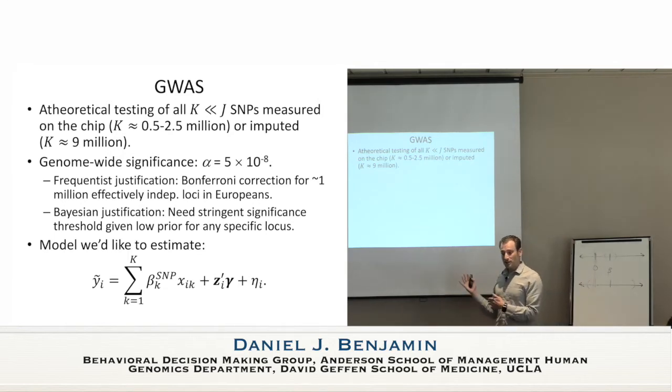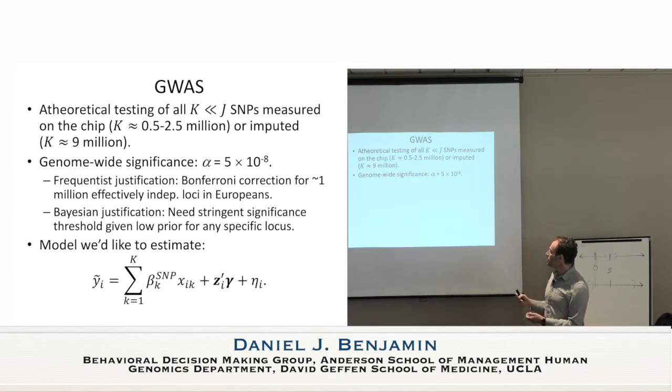Okay, so in the social science genomics area, it's a similar motivation of why atheoretical testing might be attractive. We really just never had good hypotheses for where to look for associations. Okay, so an immediate problem with testing so many variants is that we have multiple hypothesis testing.